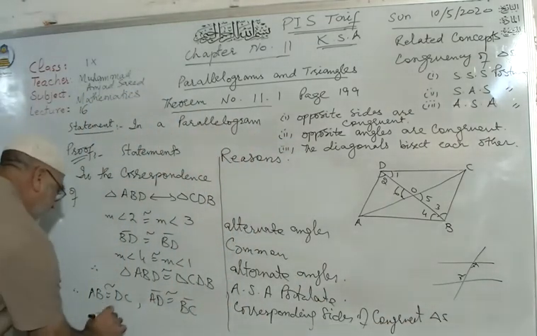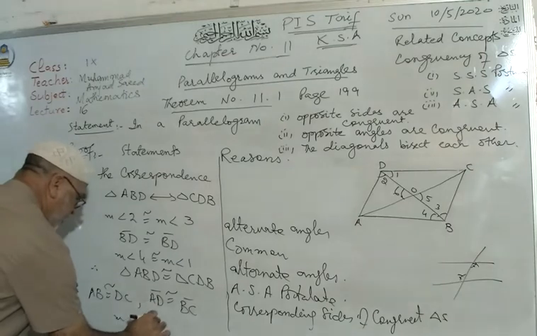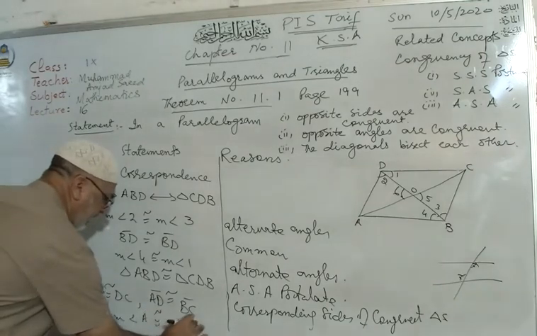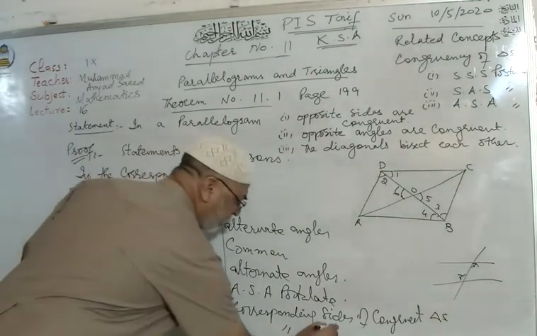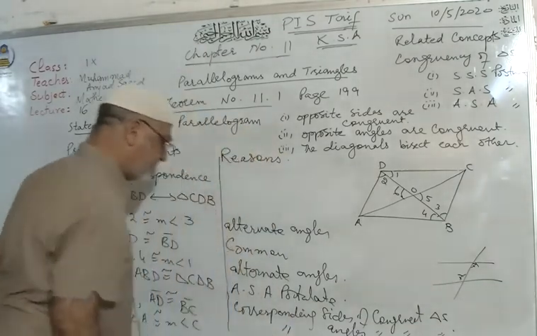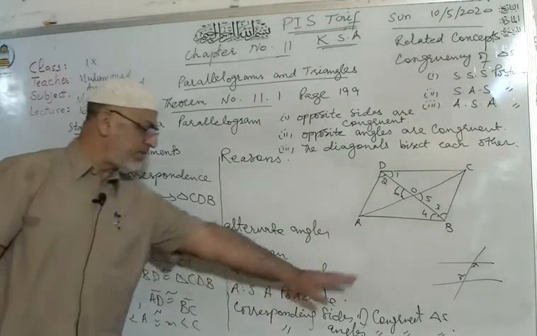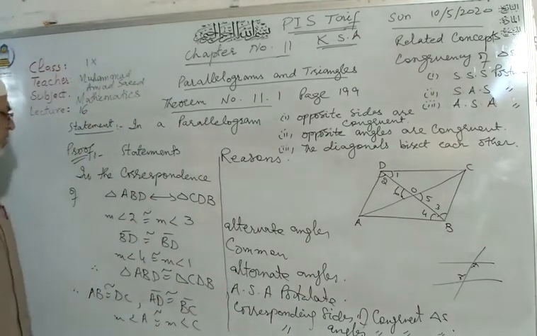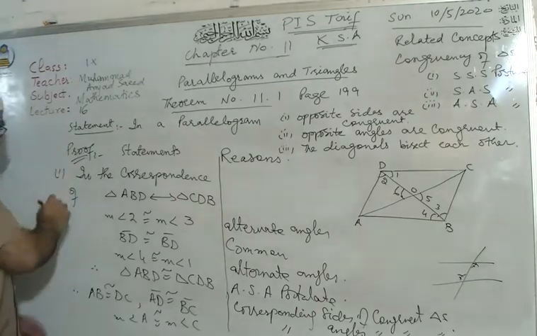And angle A is congruent to angle C: corresponding angles of congruent triangles. So in this way, we have proved the first result.